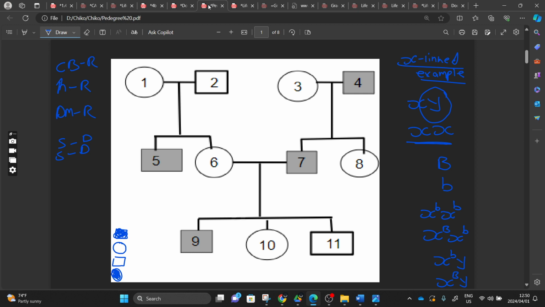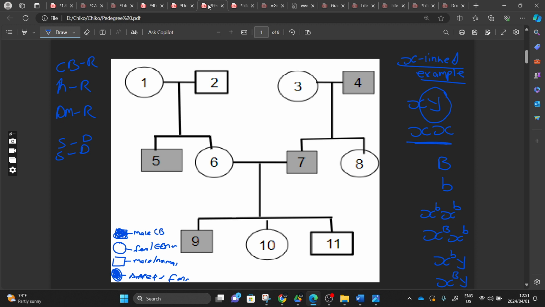Since we are dealing with color blindness, a shaded one will be a male with color blindness, and this one should be a female without color blindness, and this one will be a normal male, don't say without, normal, and then this one will be a normal female, and then this one will be an affected female. So it means color blindness.